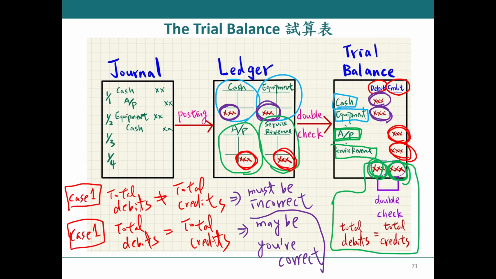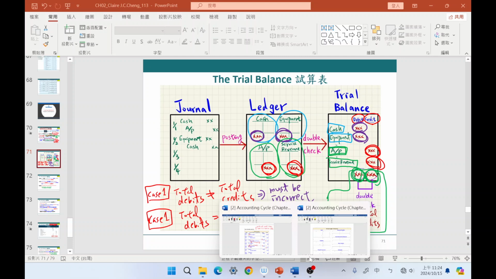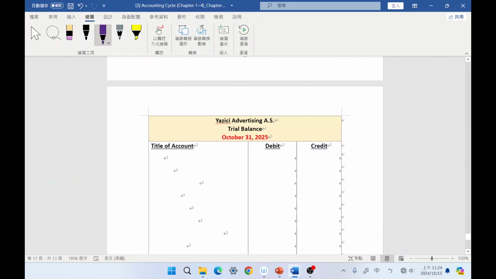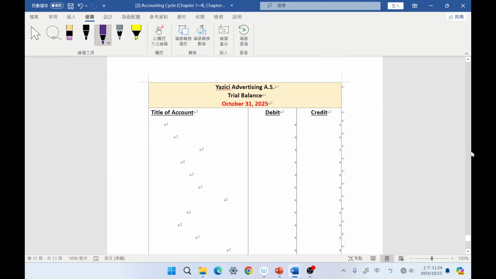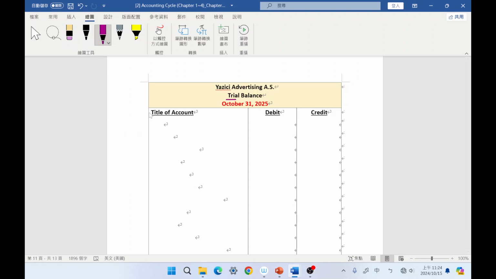Okay? So please go to your page 13 on your note. So we want to double check whether we did the right thing or not. So on your page 13, this is our trial balance. We did it on October 31st. Did you find out last date?